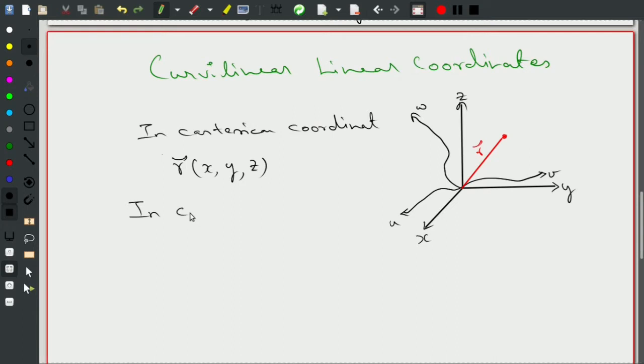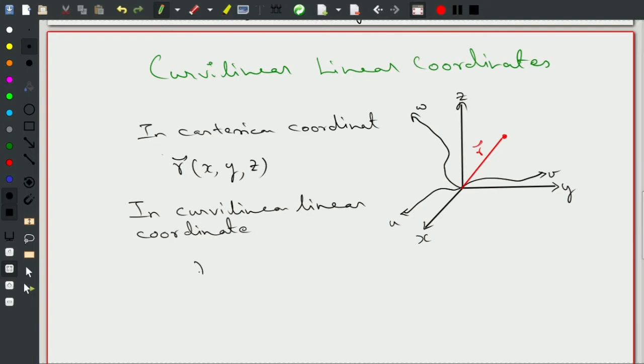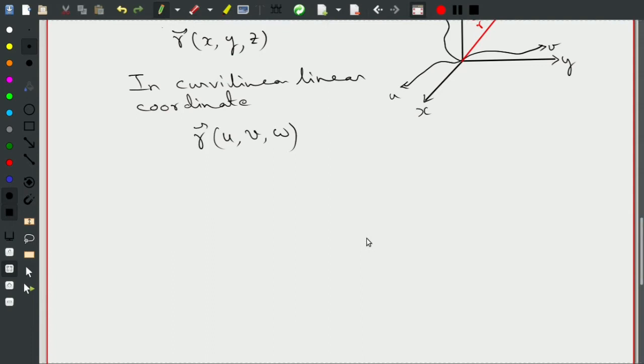So the form of r in curvilinear coordinate can be given as r. Now r is a function of the new axis. Okay, so r is a function of u, v, and w. So with this, let's try to derive the form for dr. What is the dr vector?